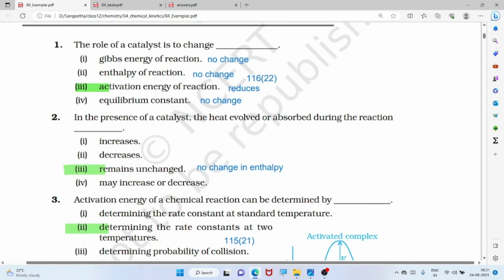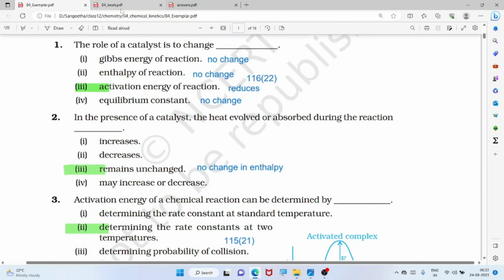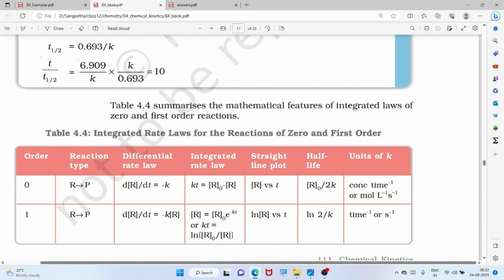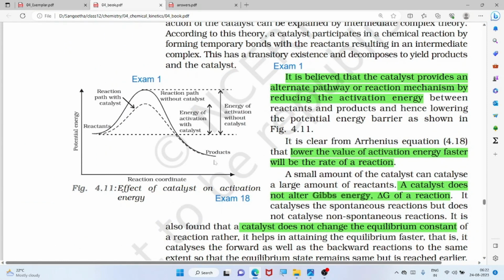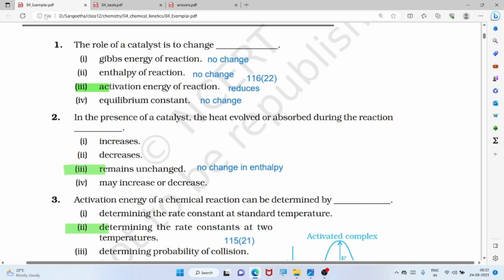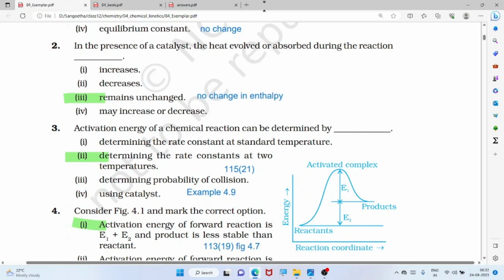It only lowers the activation energy of the reaction, it does not change delta G, delta H or the equilibrium constant. In the presence of the catalyst, the heat evolved or absorbed during the reaction will not change, because delta H is not changing. Enthalpy remains unchanged.